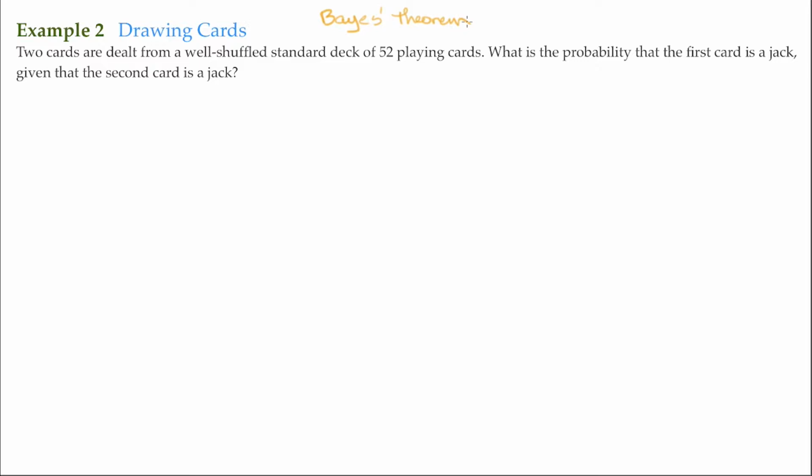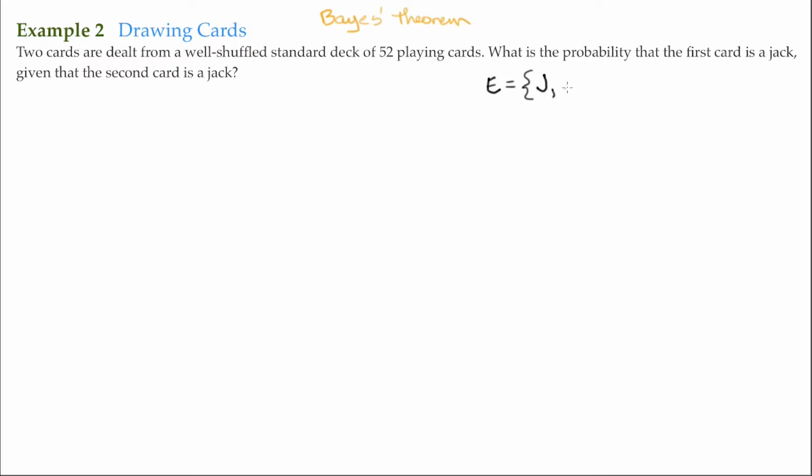So we are going to use tree diagrams to help trace our steps to help determine these probabilities. So this example says 2 cards are dealt from a well-shuffled standard deck of 52 playing cards. What is the probability that the first card is a jack, given that the second card is a jack? So I'm just going to show what the event would be. I'm just going to mark it as E. And how about if I say J for jack?